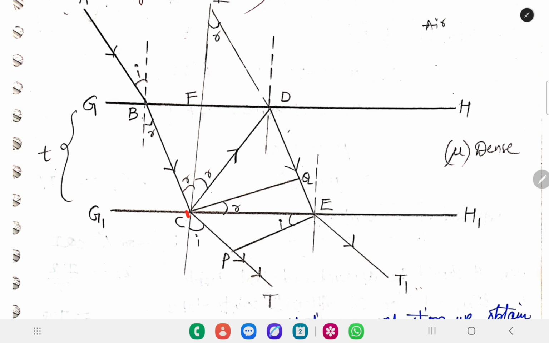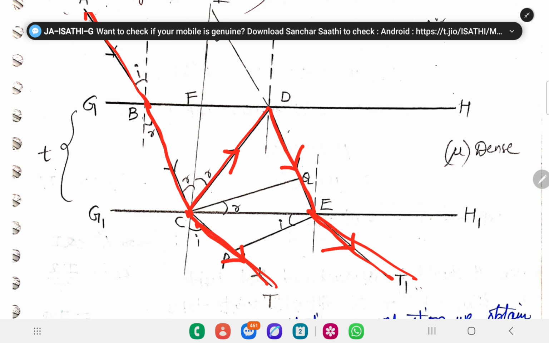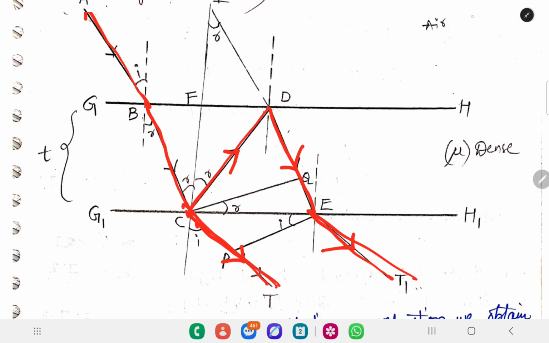CT and ET1 are the two transmitted rays that emerge from the surface. The light is transmitted, takes internal reflection again, and transmits outside. So this CT and this ET1 are the two transmitted rays.